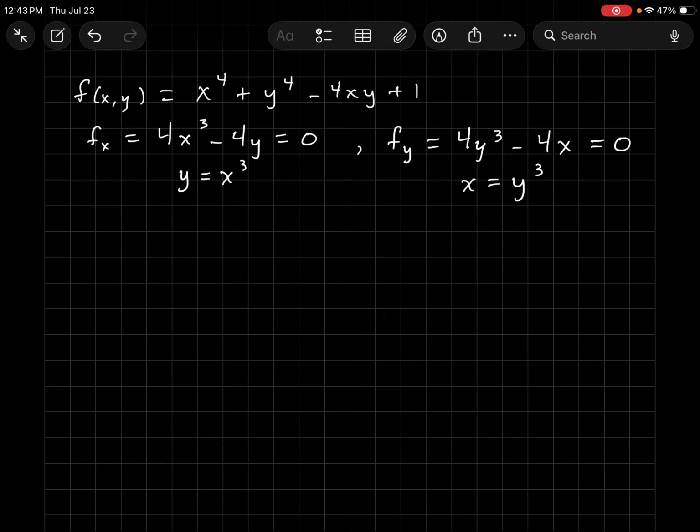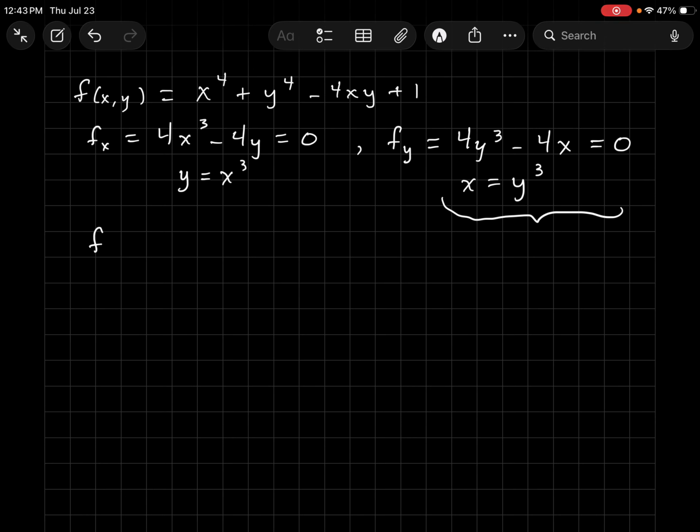Now, which y equals x cubed and which x equals y cubed works? Because it's not all of them. So how can we do this? Well, let's take our f_y. Let's just look at this one back here.